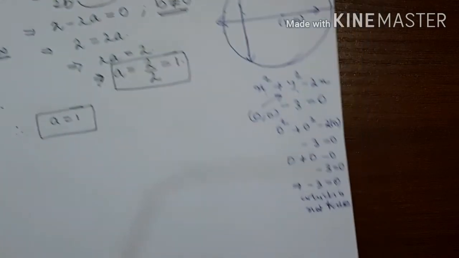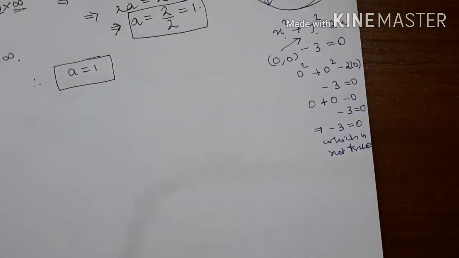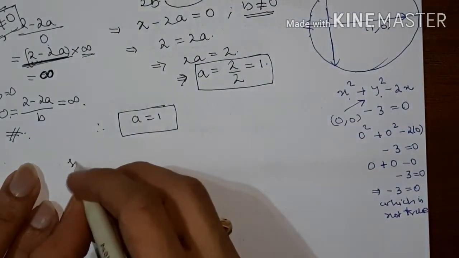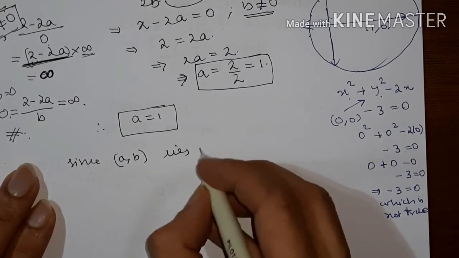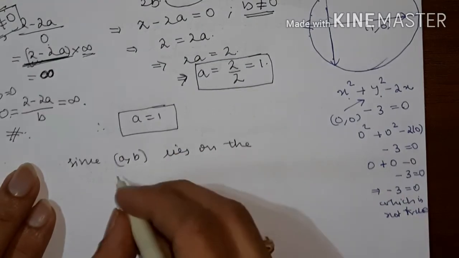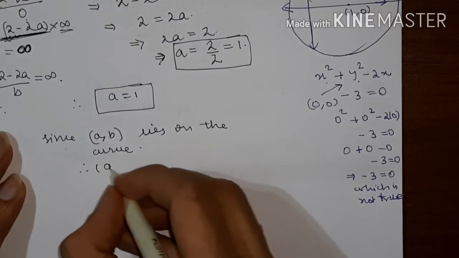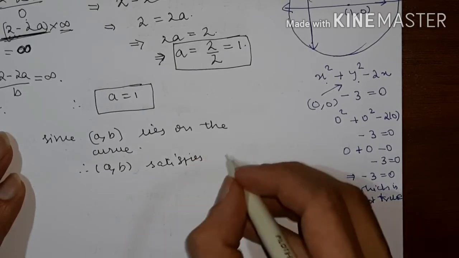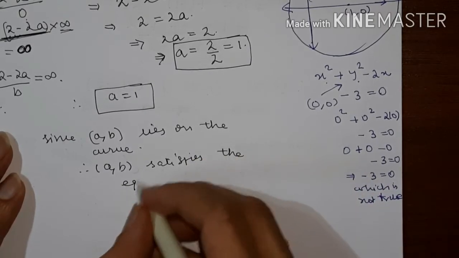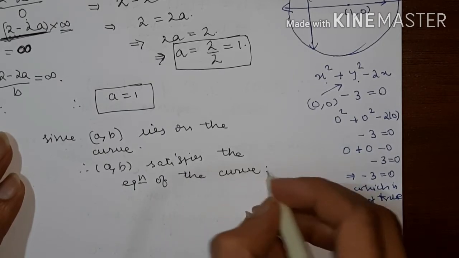Now we have to find the value of b, right, corresponding to a. So how do we find it? Since a comma b lies on the curve, therefore a comma b satisfies the equation of the curve, right?